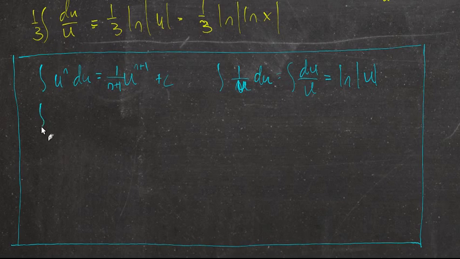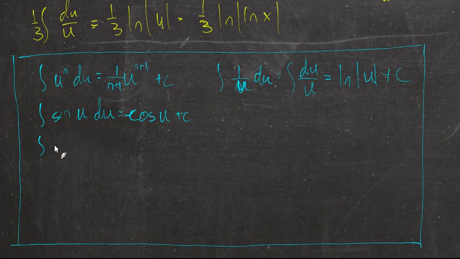We also have things like, if we could get the sine of a function times its own derivative, we could call that the negative cosine of that thing. If we had the integral of cosine of some function times its own derivative, then that would be the sine, plus c.